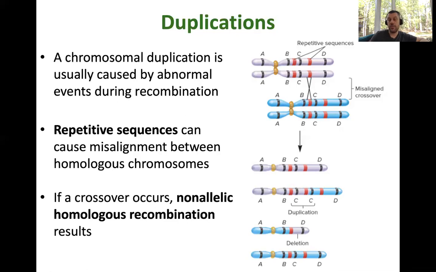What you can see now in this really long chromosome is that we've duplicated the C part of this chromosome. And if you look at the other chromosome, sorry, this one down here, we've actually deleted part C of it. So this is how you can get deletions and duplications occurring. Duplications simply add a chunk of DNA to the chromosome.